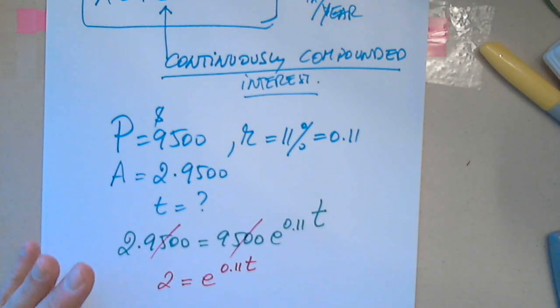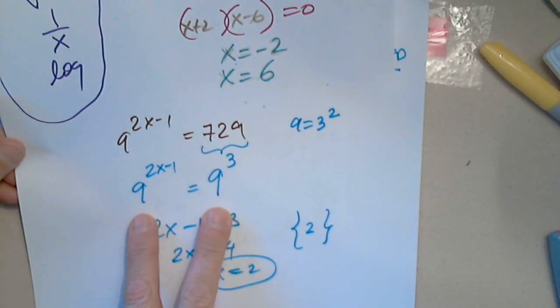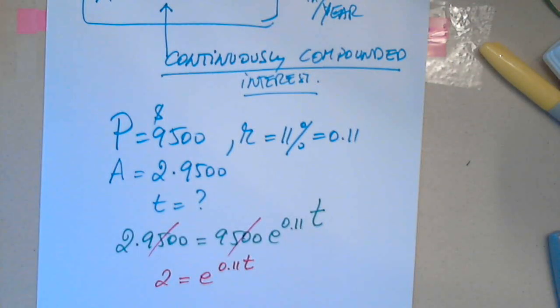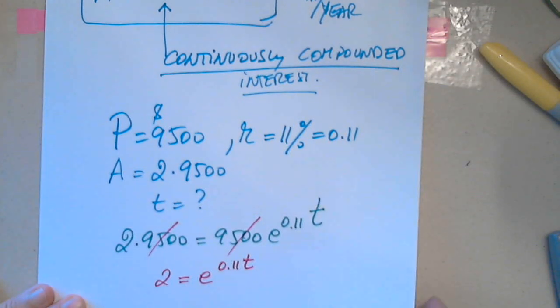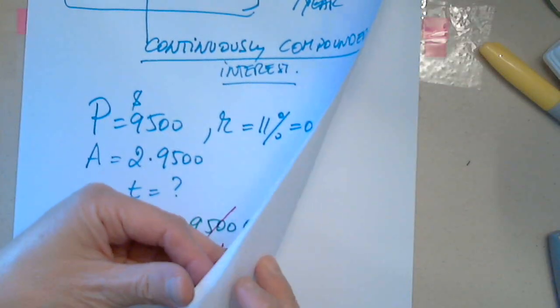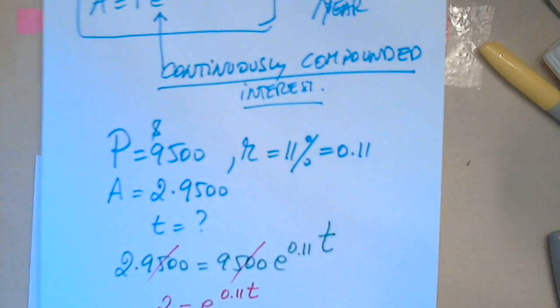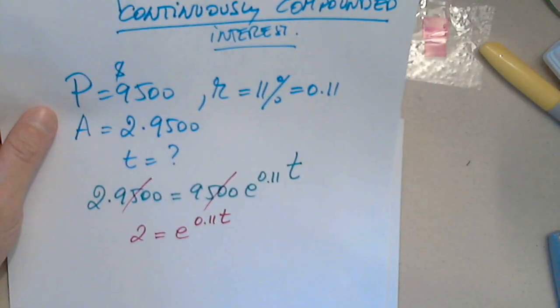The base here is E, the base here is 2. There is no way I can present both sides with the same base. We do have an alternative way of solving this, even if E and 2 cannot be presented with the same base. What is that procedure that we need to apply to both sides?